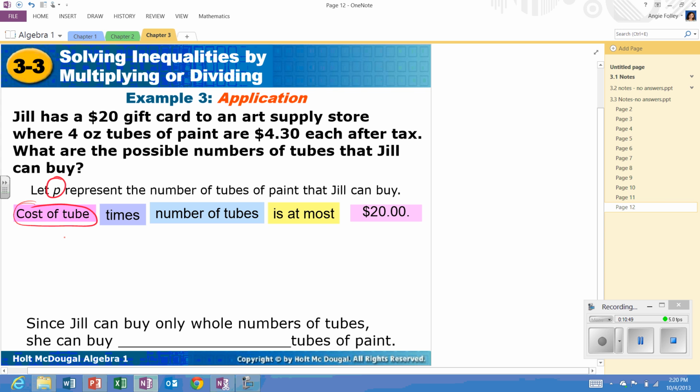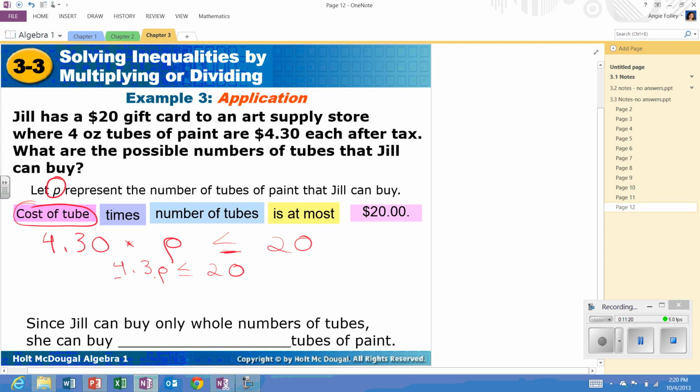So we're going to take the cost of the tubes, $4.30, multiplied by the number of tubes, P, is at most. That means it has to be less than or equal to 20. So I've got P times 4.3 is less than or equal to 20. I'm going to rewrite that a little bit closer together.